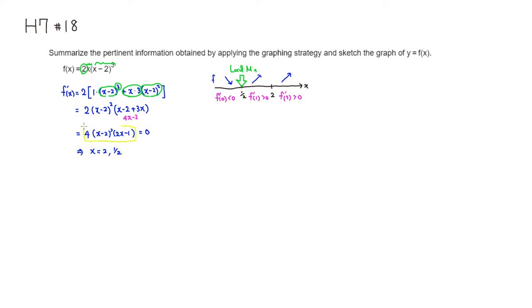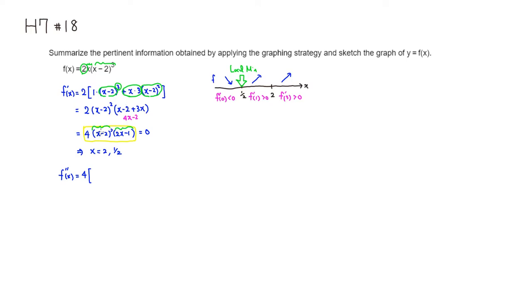It's already factored out nicely. So the second derivative, f double prime of x, is equal to, so 4 is just pulled out, right? It's just a constant. I'm going to think of this as the first guy, and this as the second guy, so I'm going to use the product rule again.